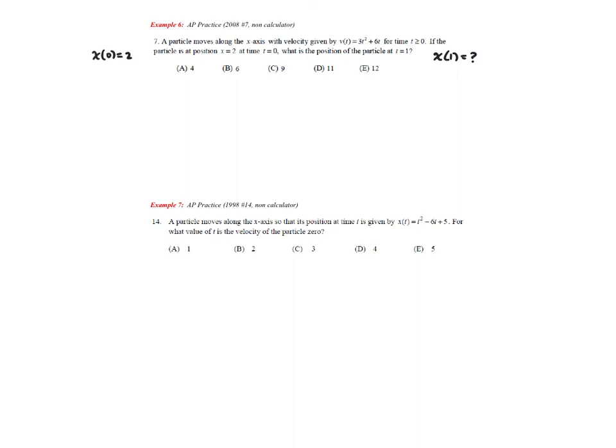Okay, so let's set this up. The integral of velocity, of course, we know is position. So the integral of this would be t cubed plus 3t squared plus c. You could check those by finding the derivative of that, showing it equals v of t. So x of t, generally speaking, would be this.